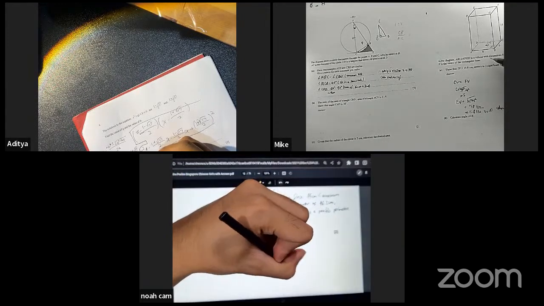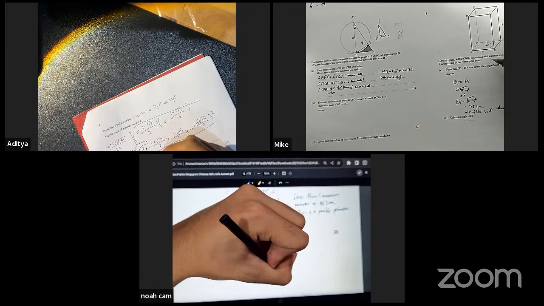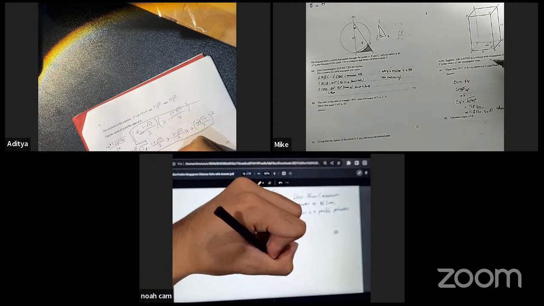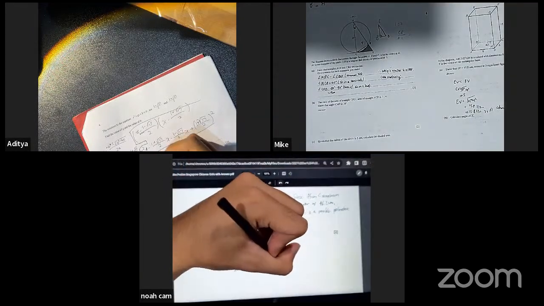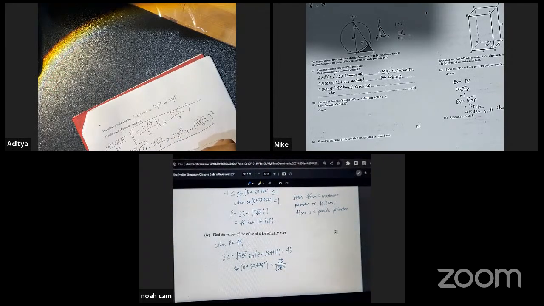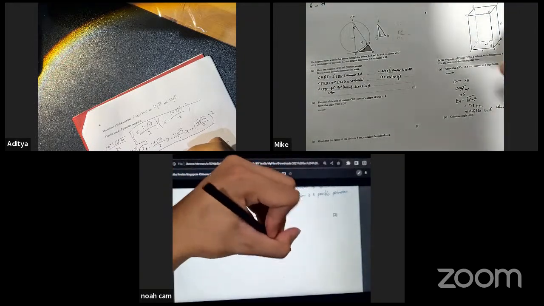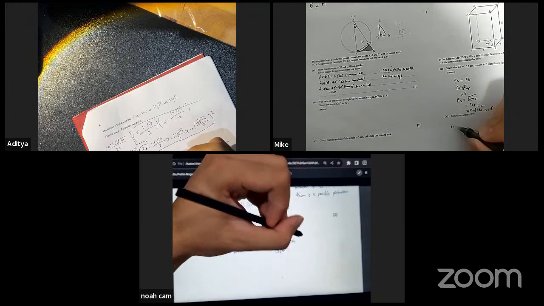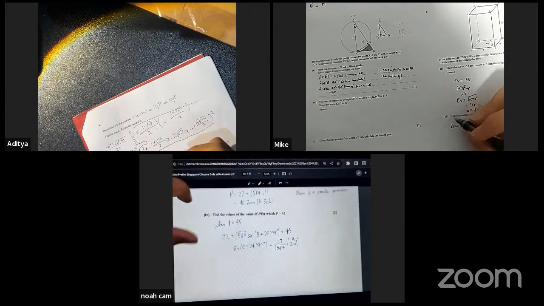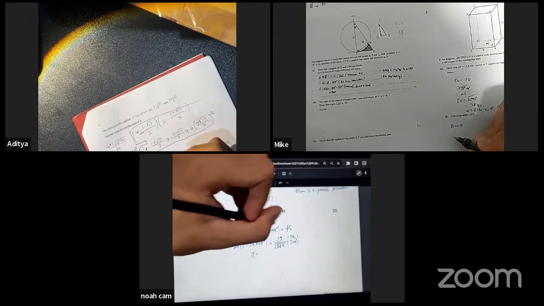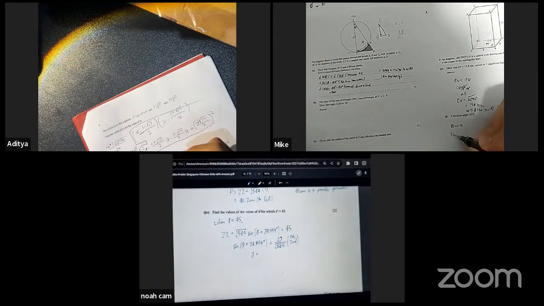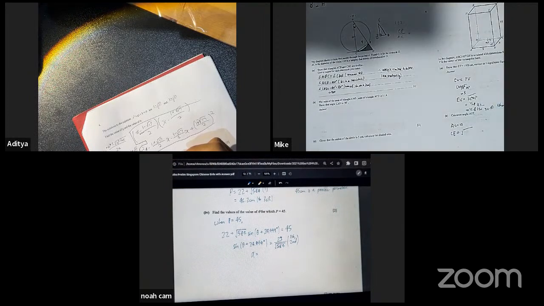Oh, now we can do something. No, this is A method.